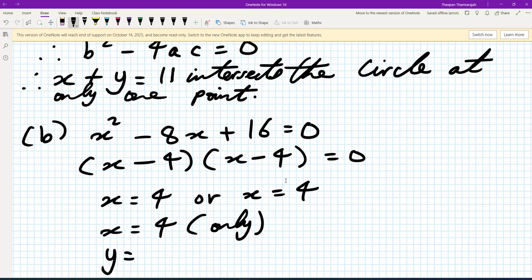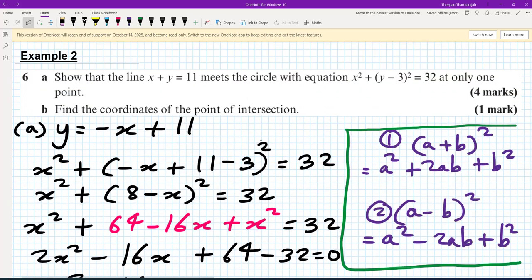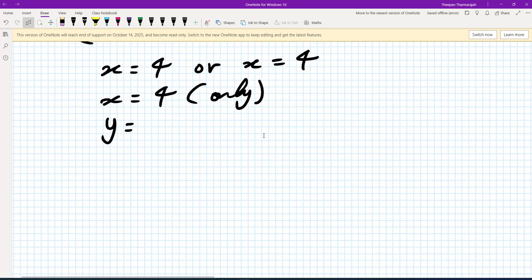So we could write down the y equation. Now our y equation was, go back to what they've given us, y equals minus x plus 11. So we do minus x plus 11 here.